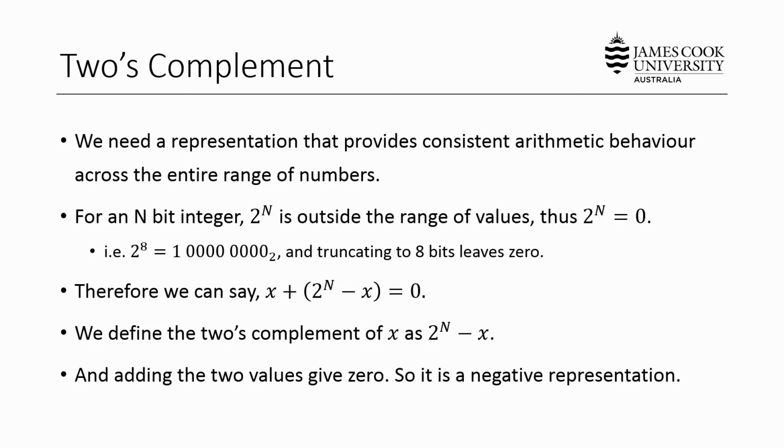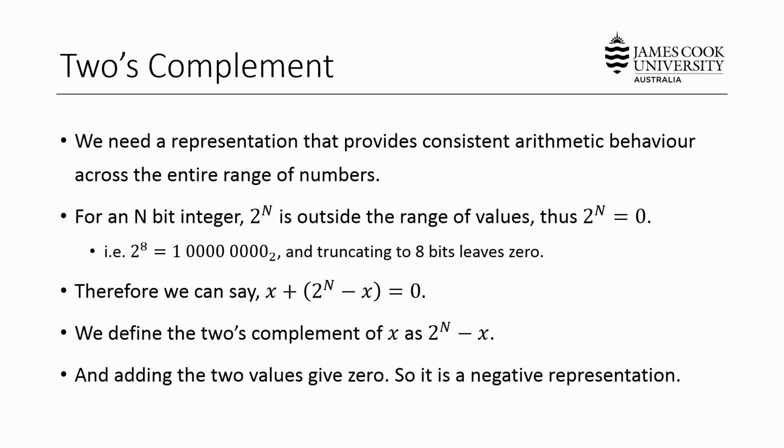Therefore, if we were to say that x is any n-bit number, and we take x and add 2 to the power of n and then subtract x, because 2 to the power of n is 0 in an 8-bit number, this will equal 0. What's the benefit here of this x plus 2 to the power of n minus x?